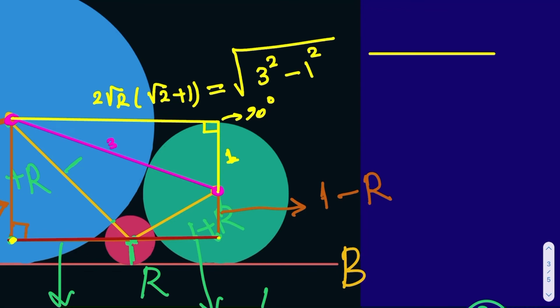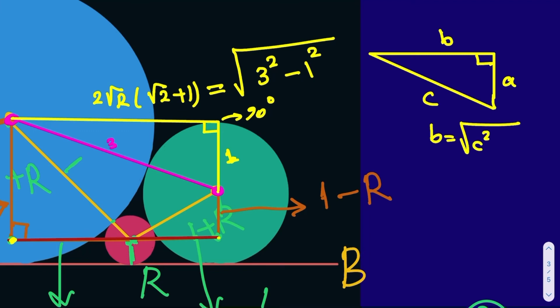It is the same as this right triangle right there, which suppose this is C, A, B, and now I am trying to find the value of B. B is equal to C to the power of 2 minus A to the power of 2. Okay, the same story here.